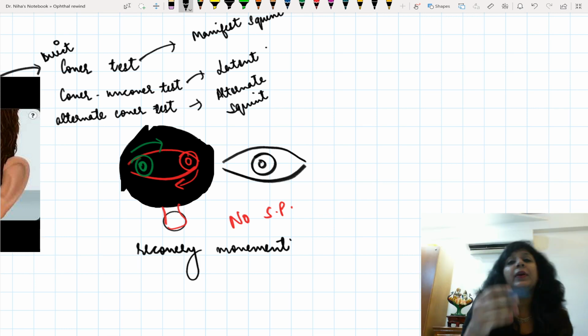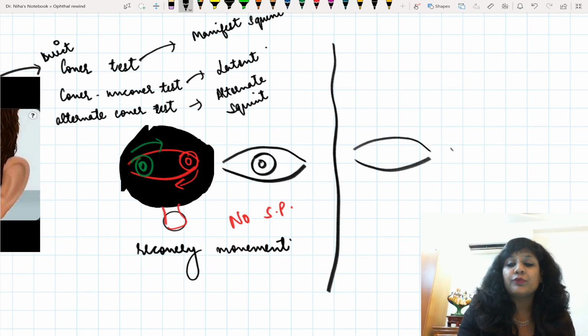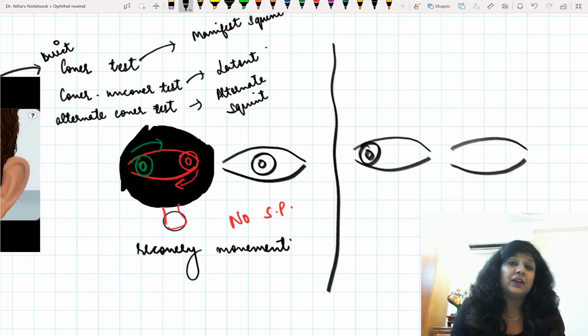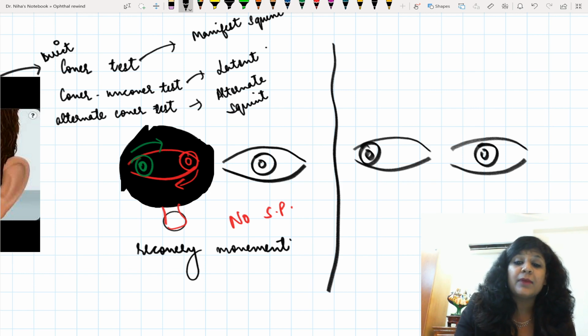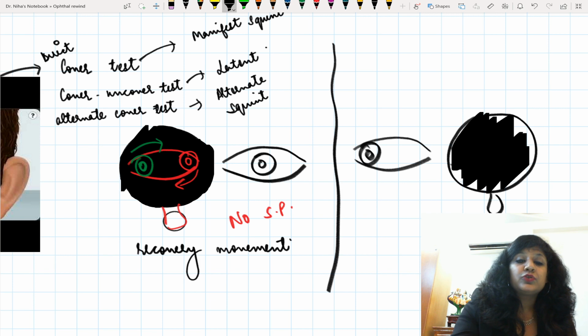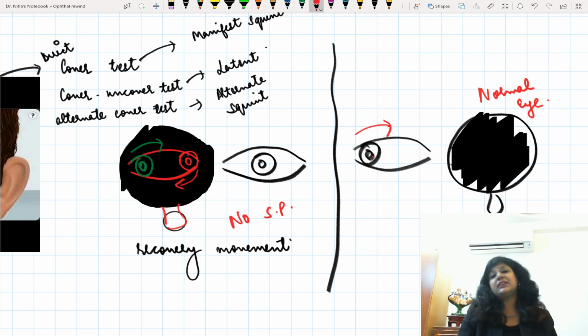Now how to do it on a manifest squint? The difference is that suppose there is a manifest squint, and this eye has deviated outward. In cases of manifest squint, we do it on the normal eye. So you have to cover the normal looking eye. As soon as you cover the normal eye, the squinting eye has to move to take the central fixation.